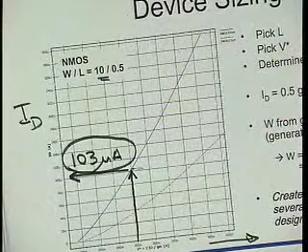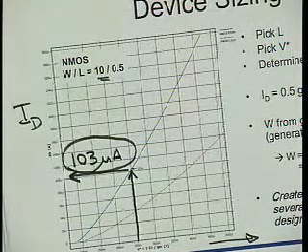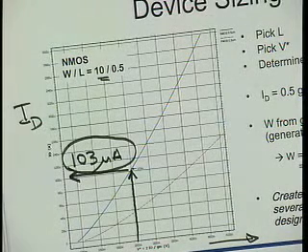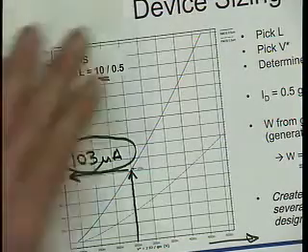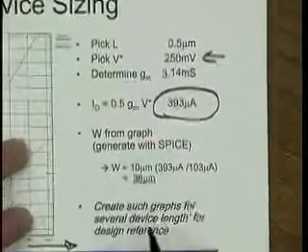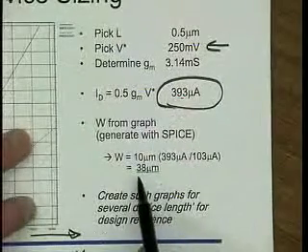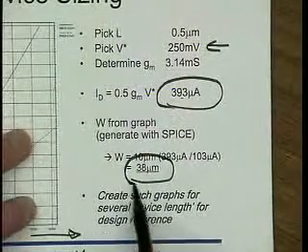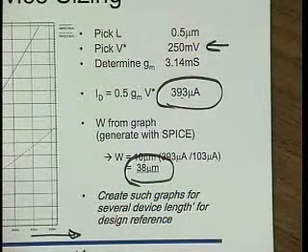Now, in reality, we are going to use 400 microamps, so we're going to have to use a wider device, almost 4 times as wide, about 40 micron. And I do the calculation here accurately with 27 digits after the comma, and I get 38 micron. So now I know the width of the device.